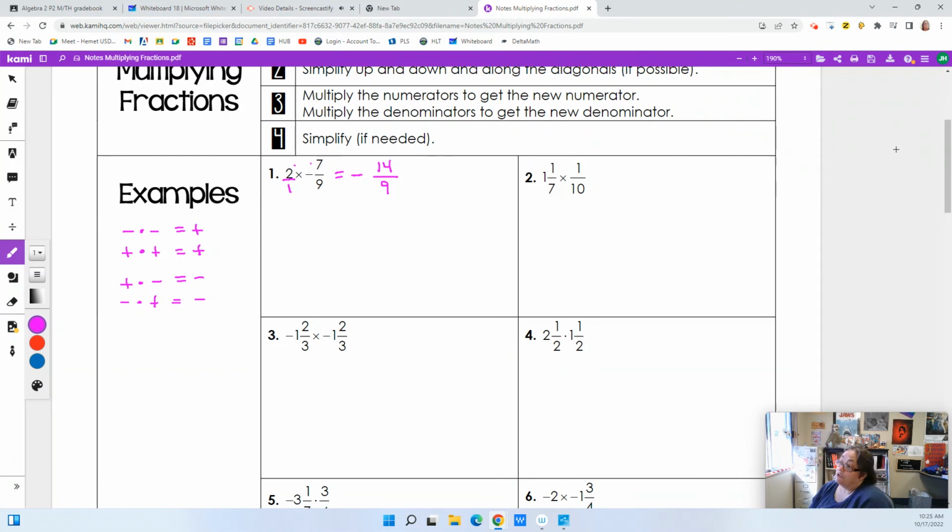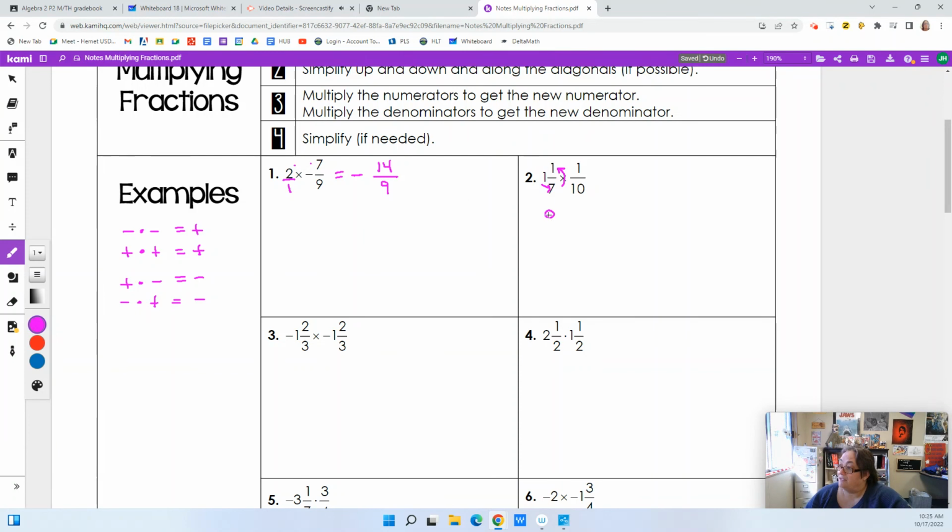If we look at number 2, first we have to change it into an improper fraction because we have this whole number. So we would go 1 times 7 is 7 plus 1 is 8. That's an ugly 8. I'm going to redo it. I don't like my numbers ugly.